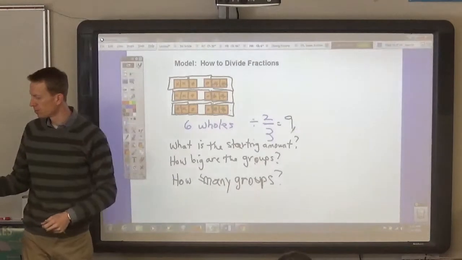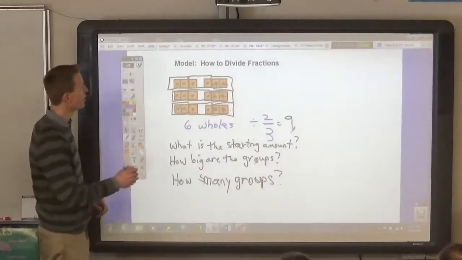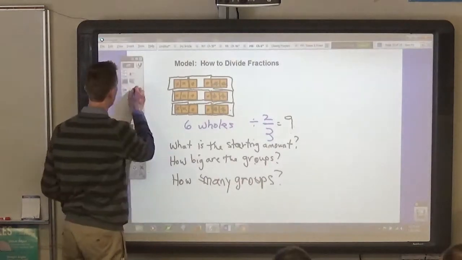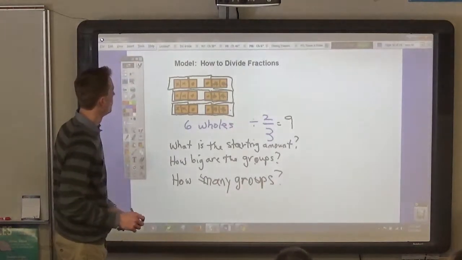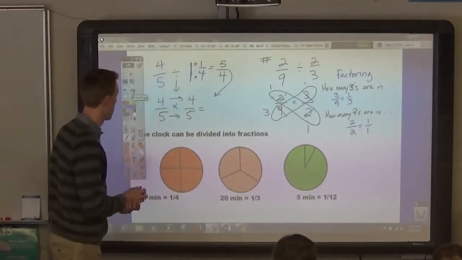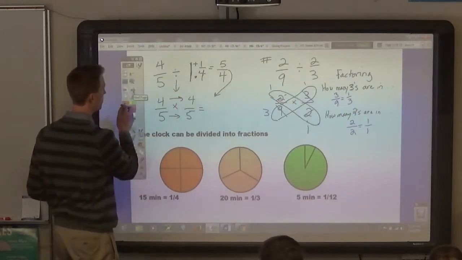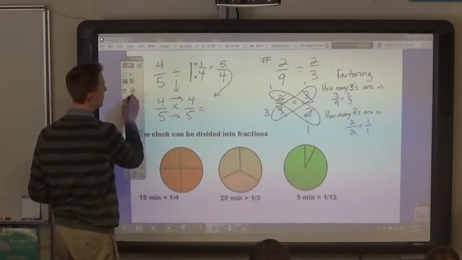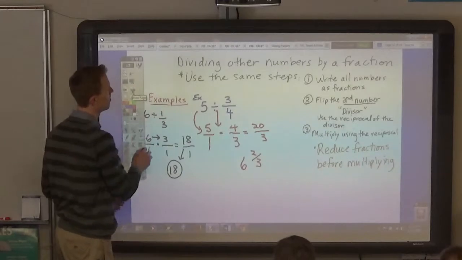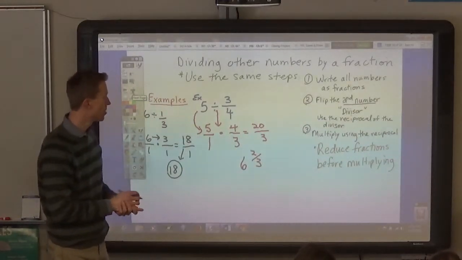Now, turn the page. Turn to lesson 6-5. Dividing other numbers by a fraction.